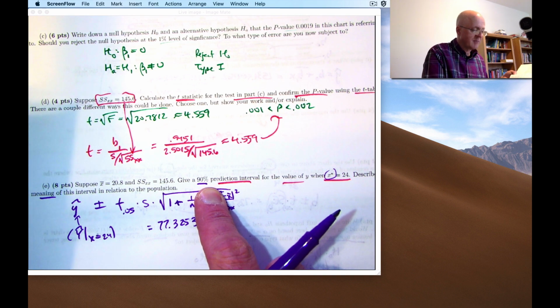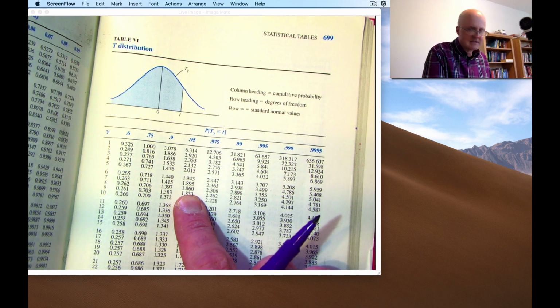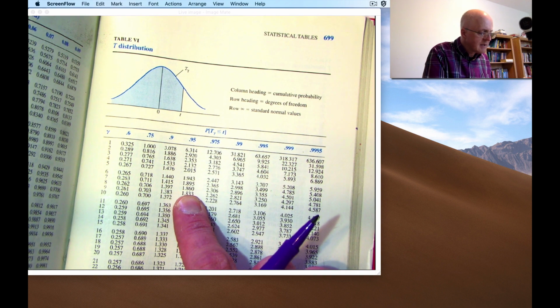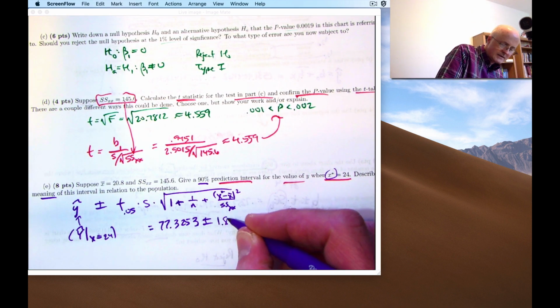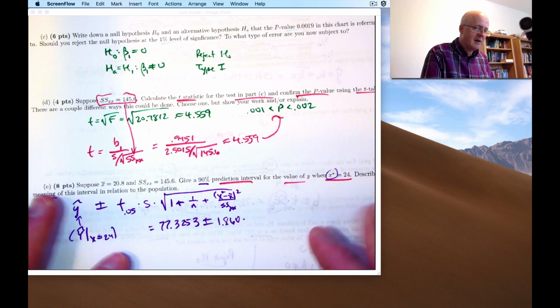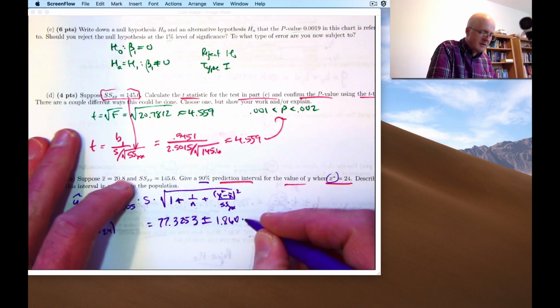Something you should have done before. Anyway, again, it's going to be 1.860. Was that what I said before? I don't remember. Yeah, it's 8 degrees of freedom, 1.860 is what T is. S we found up here, it's the 2.5015.